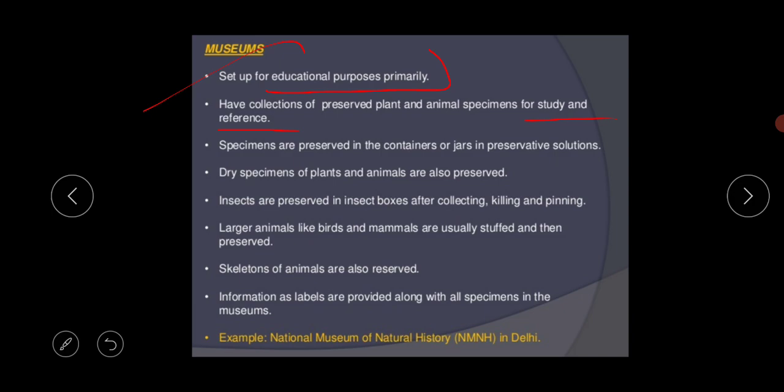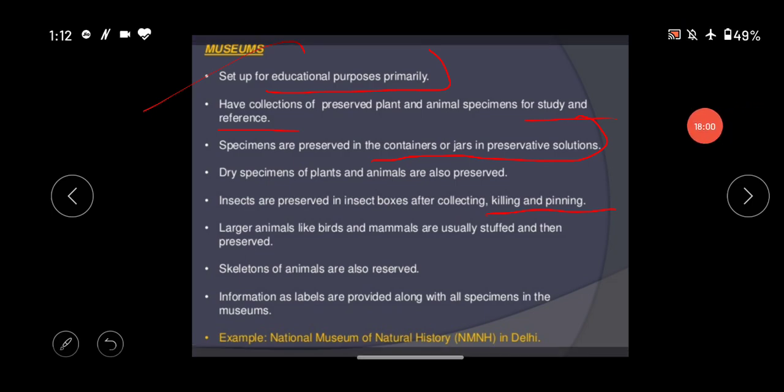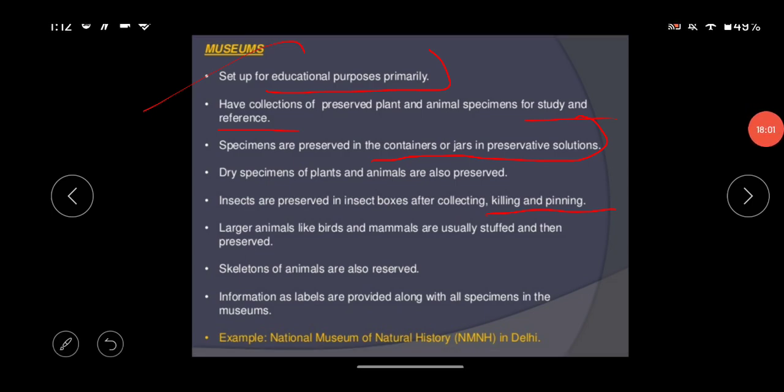The specimens are preserved in containers or jars in preservative solutions. Dry specimens of plants and animals are also preserved, and insects are preserved in insect boxes after collecting, killing and pinning. Larger animals like birds and mammals are usually stuffed and then preserved.